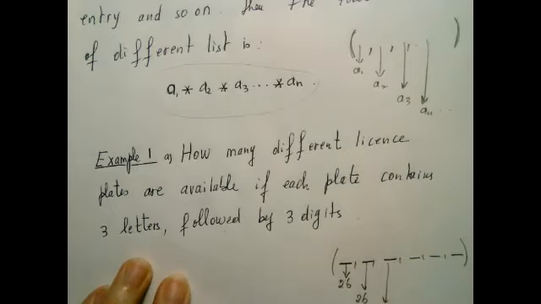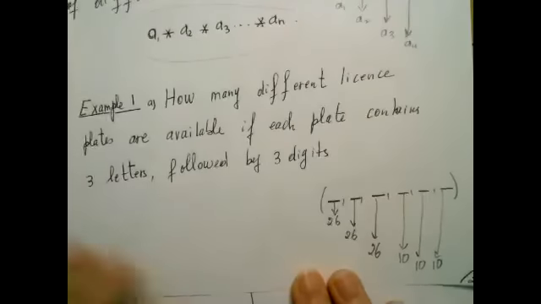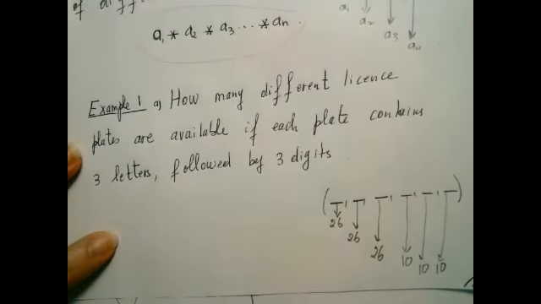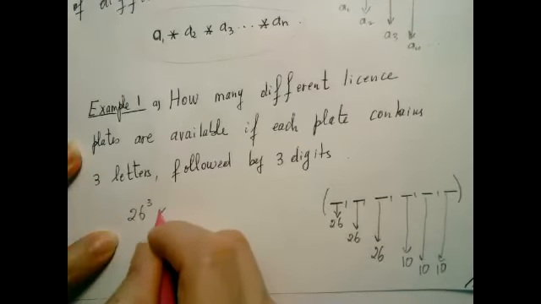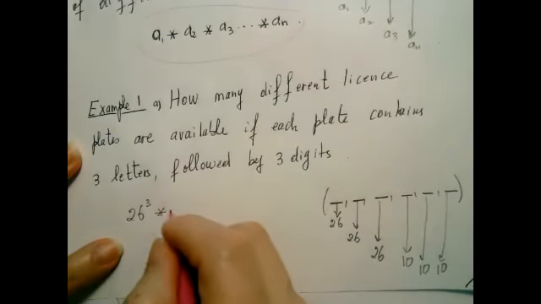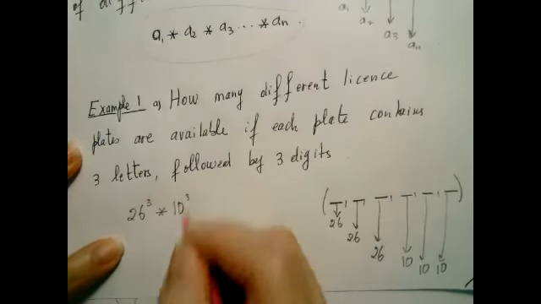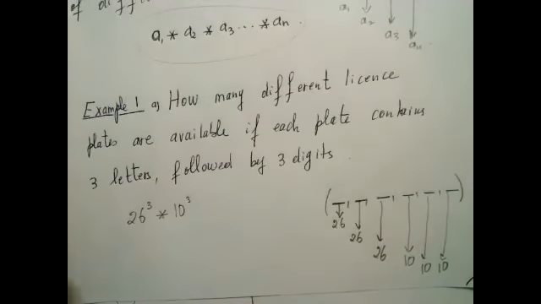So you imagine this huge tree that I'm building in my mind. A 10, a 10, and a 10. Oh, sorry. Okay, so I will have 26 to the power 3 times 10 to the power 3. That's the multiplication rule. That's my list, and that's how many.